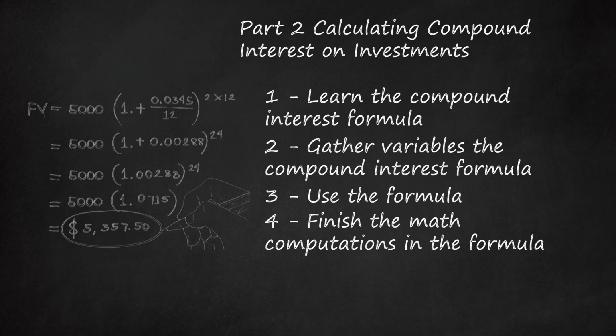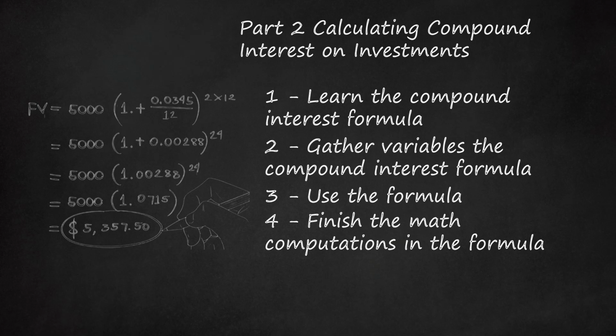Add the numbers within parentheses. The result should be FV = $5,000 × (1.00288)^(2×12).